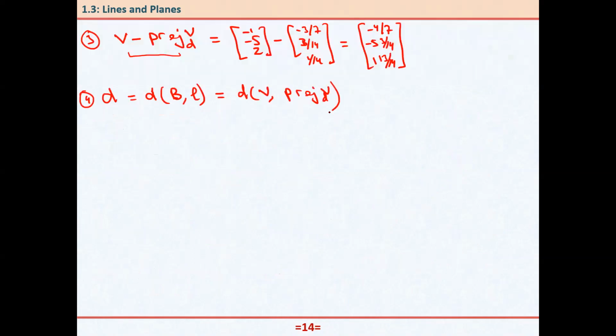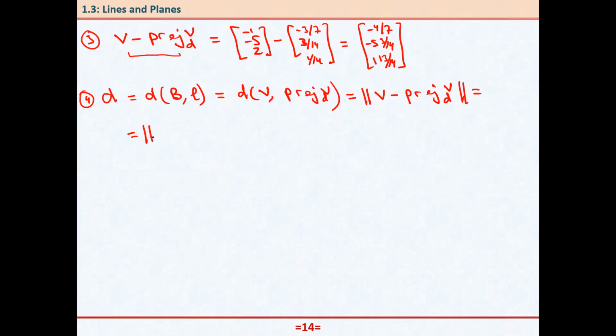So that thing is equal to the length of V minus the projection of V onto D, and we have just found this one. V minus the projection of V onto D is equal to this.